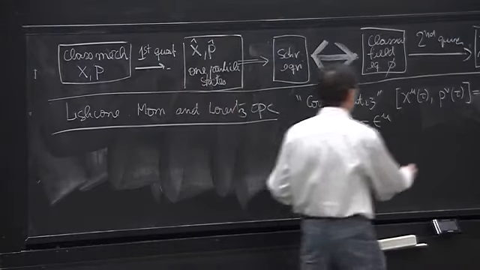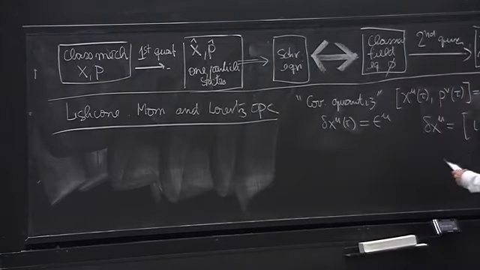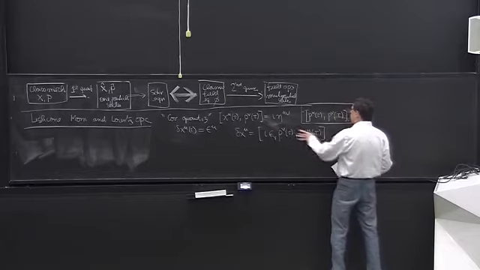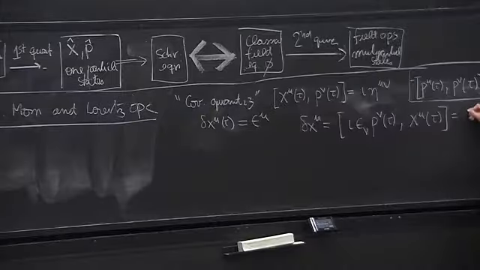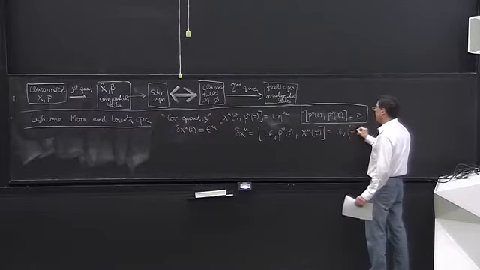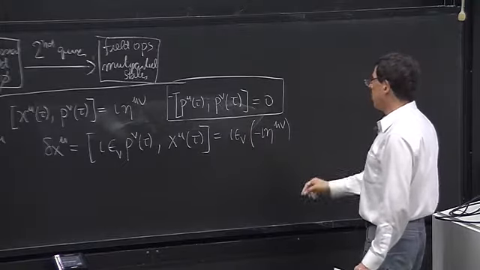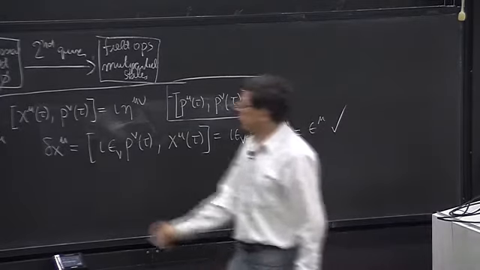So we claim that delta x mu can be obtained by commuting a momentum operator with x mu. So the momentum, we say, generates translations. And if we do this commutator, we certainly get i epsilon nu, and then these two things give you minus eta mu nu i. So you get epsilon mu, indeed.